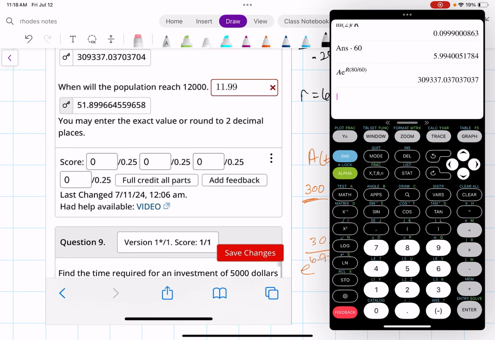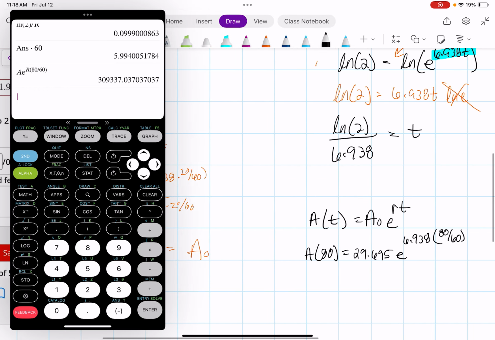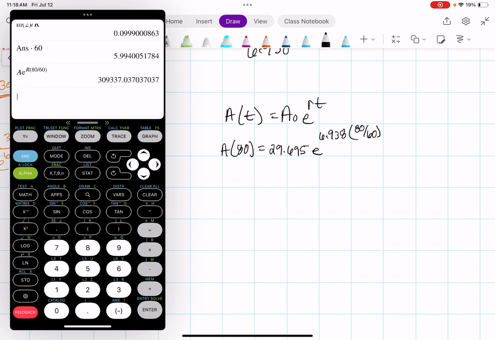So the next part is, when will the population reach 12,000? Okay, so again, I'll start with the basic a of t is equal to your initial e^(rt). When will it reach 12,000? So that's the amount after t.